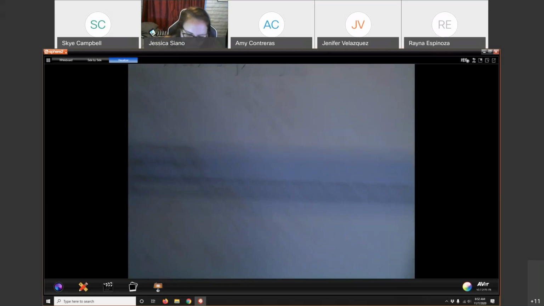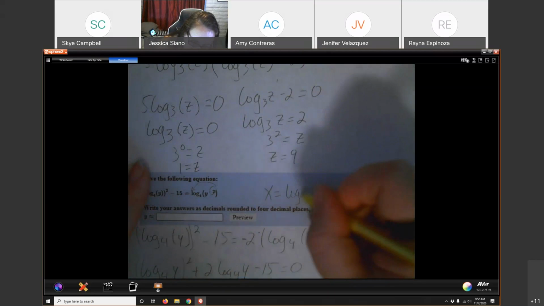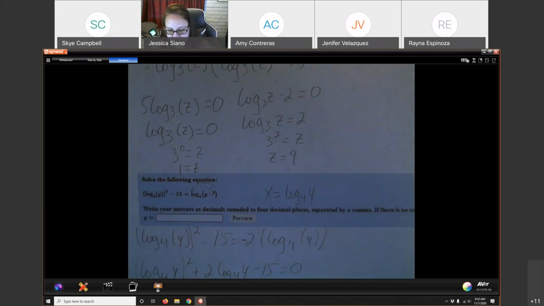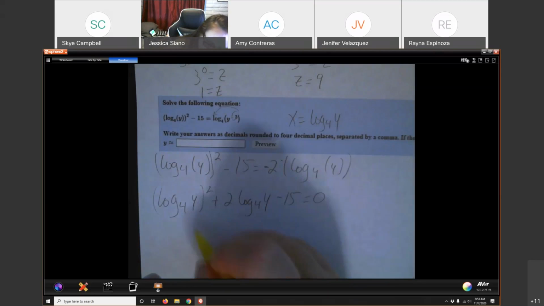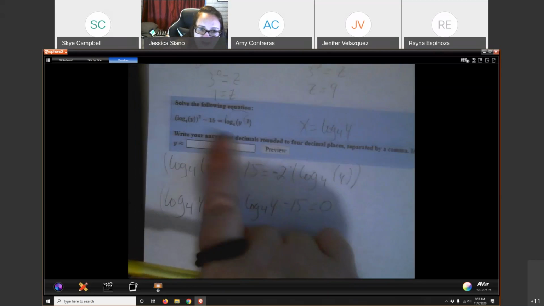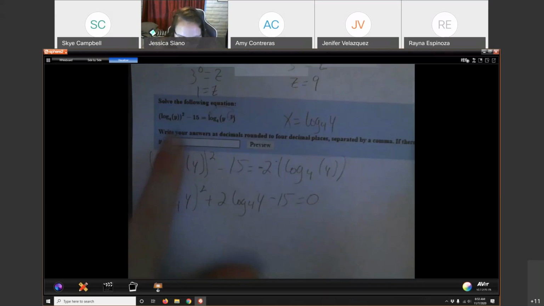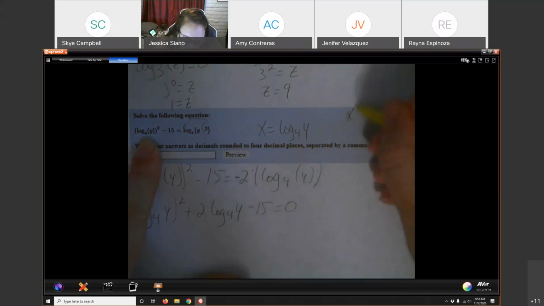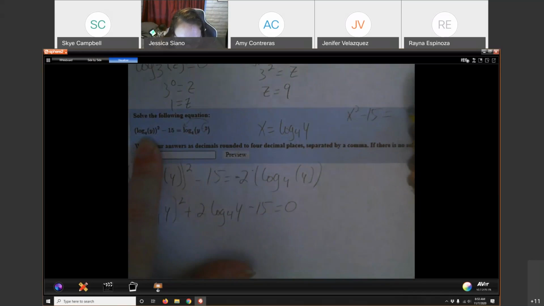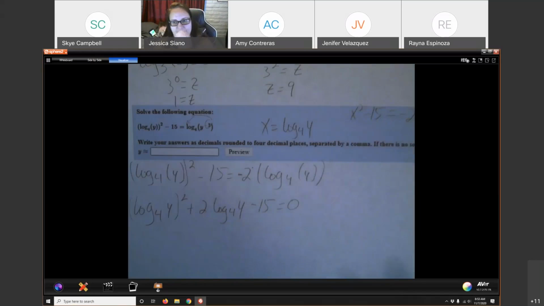I'm going to say, for a quick second, instead of log base 4 of y, I'm going to write x. So everywhere I see a log base 4 of y, I'm going to change it to an x for right now. And then if I go all the way back to the beginning, this becomes x squared minus 15 equals, I have to pop that negative 2 out, negative 2x.